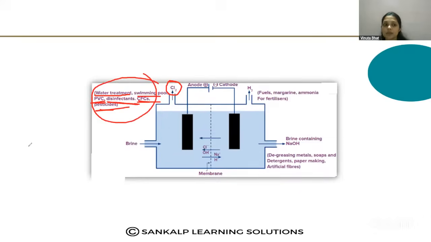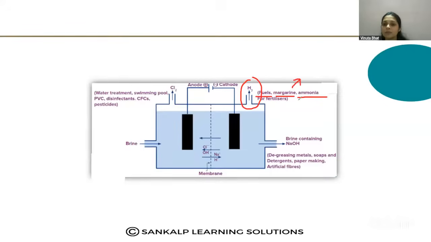Hydrogen gas is used to produce fuels, margarine, that is butter, and ammonia for fertilizers. Sodium hydroxide is used for the degreasing of metals, soaps and detergents, paper making and artificial fibers.